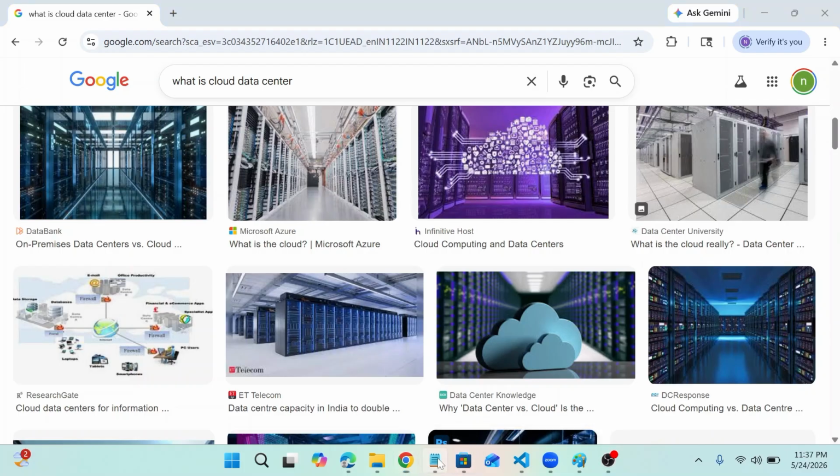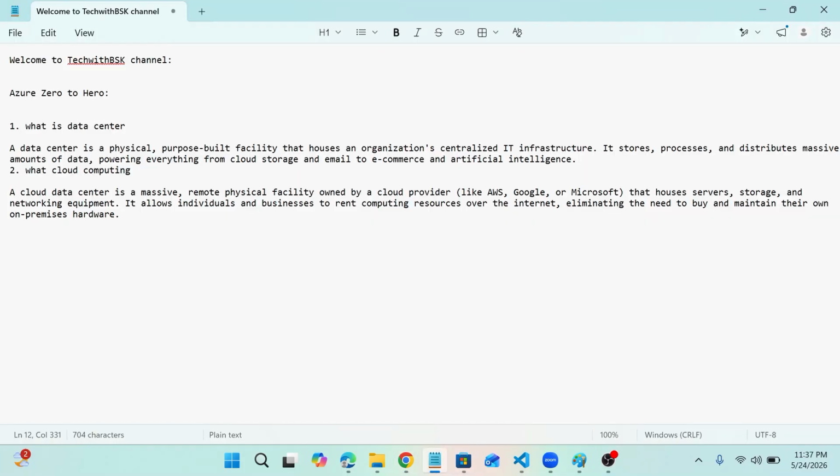So the main difference between the data center and the cloud data center, or cloud computing, is that we are eliminating the need to buy and maintain our own on-premise hardware. We request our resources on demand, pay as you go, and easily manage or deploy our applications into a particular region or resources.